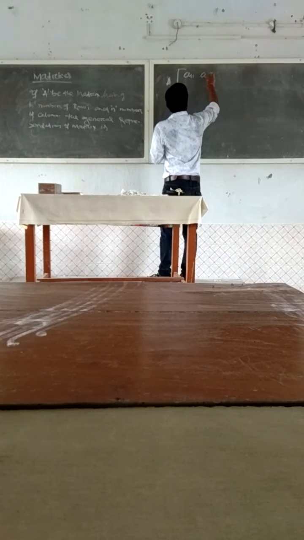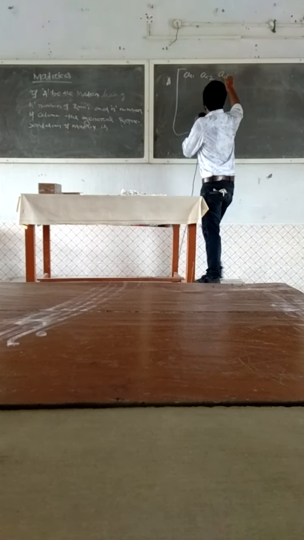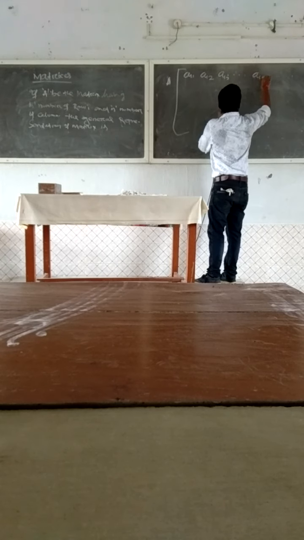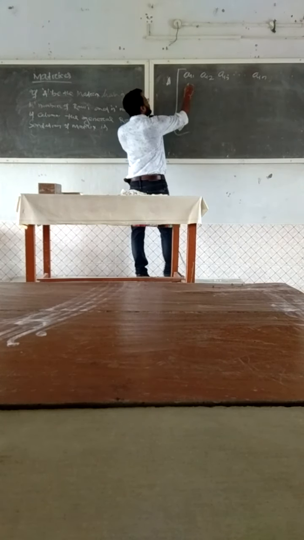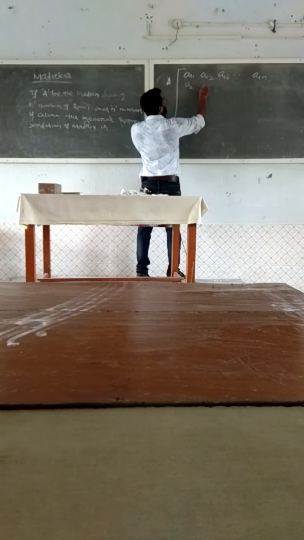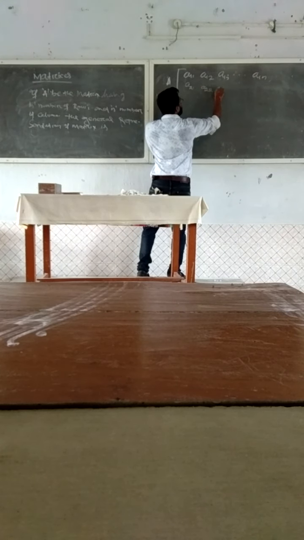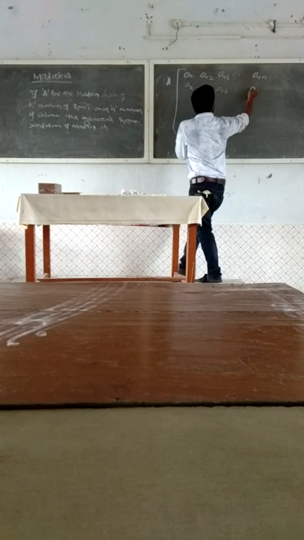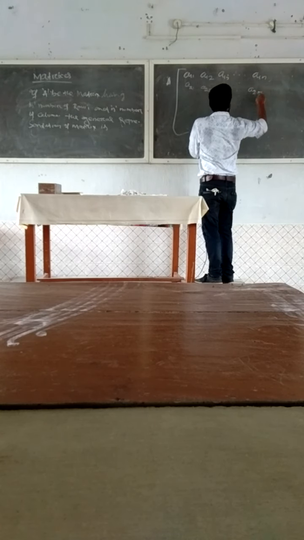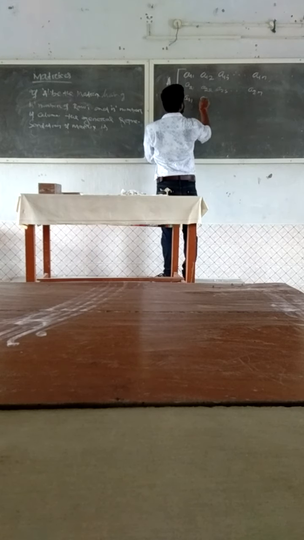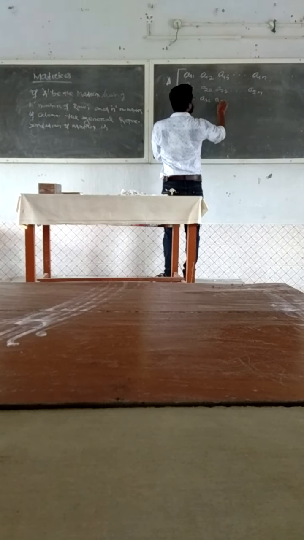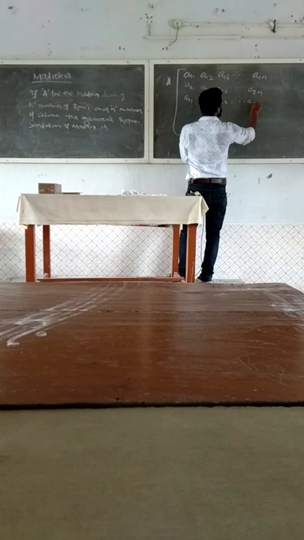A11, A12, A13 up to A1n. Similarly, the second row is A21, A22, A23 up to A2n. And the third row is A31, A32, A33 up to A3n.